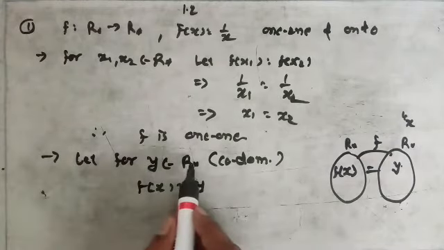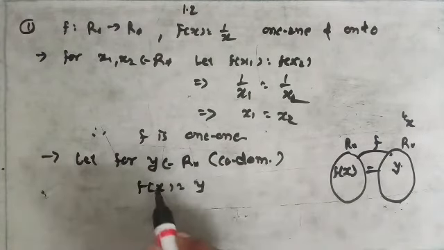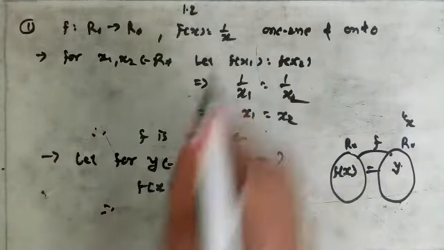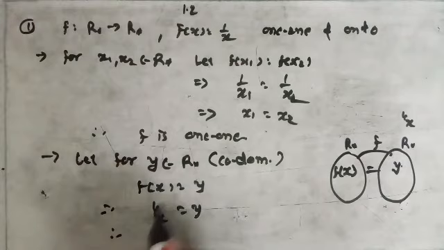Let y compare with f(x). Therefore we know that f(x) is equal to 1 upon x, which is equal to y. Therefore, taking the reciprocal on both sides, we get x is equal to 1 upon y.